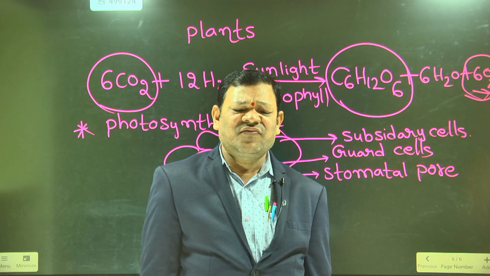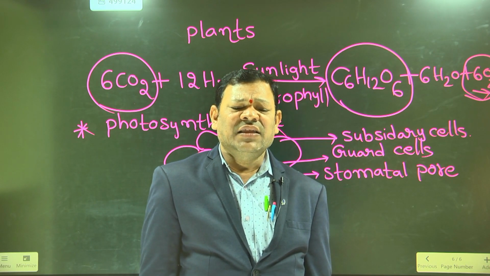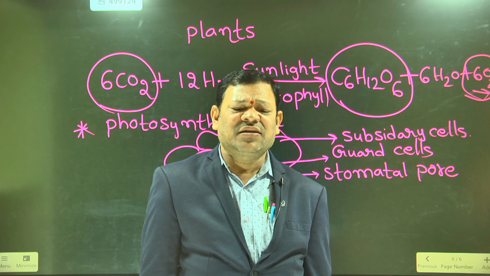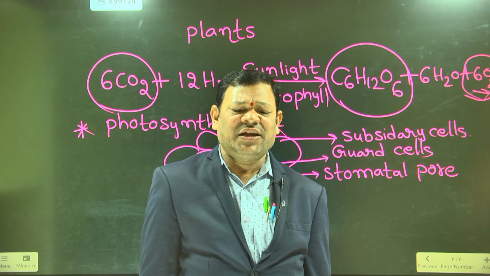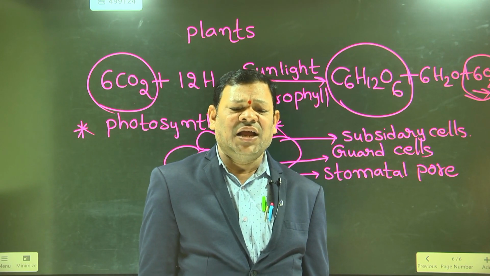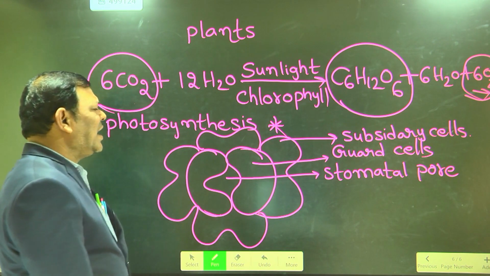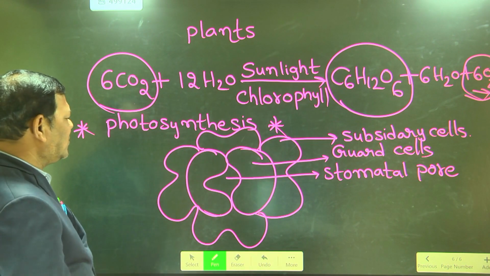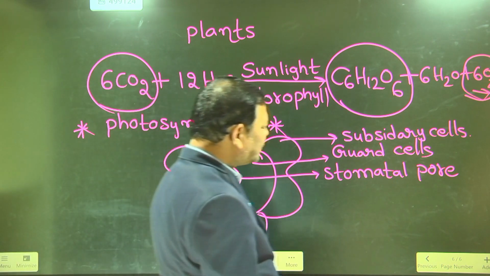The structural and functional unit of the respiratory system is the alveoli. The main respiratory organ is the lungs. Lungs purify the blood and oxygenate the blood, and in plants also gas exchange takes place in the stomata.